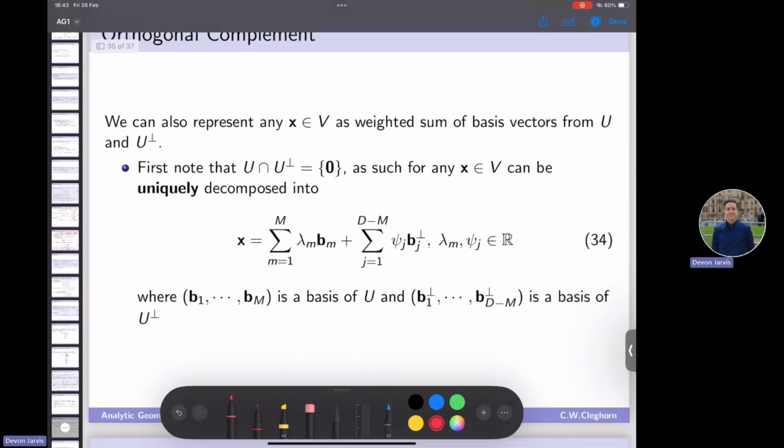You can then also represent any x as a weighted sum of basis vectors from U. And so you first note that the intersection of the two subspaces is 0. So that 3D picture I drew there wasn't quite correct because they intersected at a line. You would really want them to be both two-dimensional, intersecting at just 0, but I can't draw that.